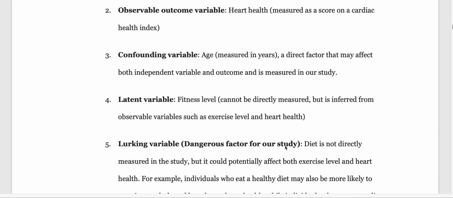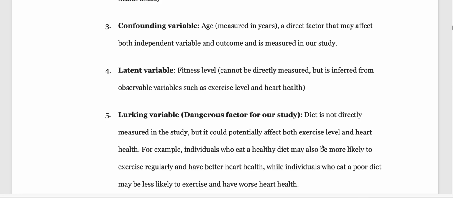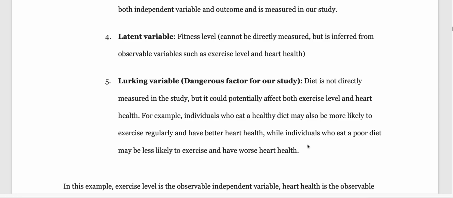If we talk about the latent variable, that is fitness level, which cannot be directly measured but is inferred from observable variables such as exercise level and heart health. Then there is the lurking variable, a dangerous factor for our study. Diet is not directly measured in the study, but it could potentially affect both exercise level and heart health.